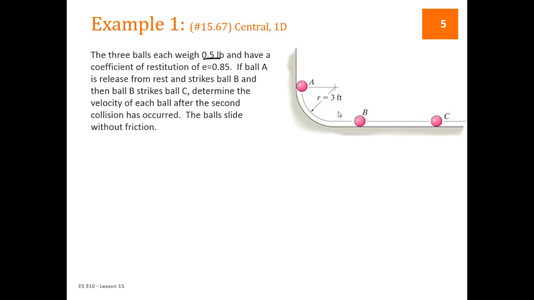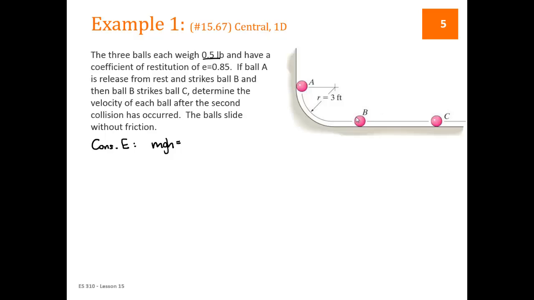Alright, so we've got ball A, B, and C. Let's first look at ball A. Ball A starts at rest, so from where it starts until it moves down and hits ball B, we've got a conservation of energy problem, because we need to figure out how fast it is going when it hits ball B. Sitting up here, it has potential energy, which is mgh.